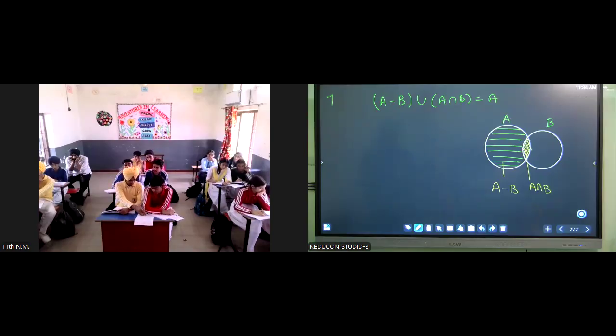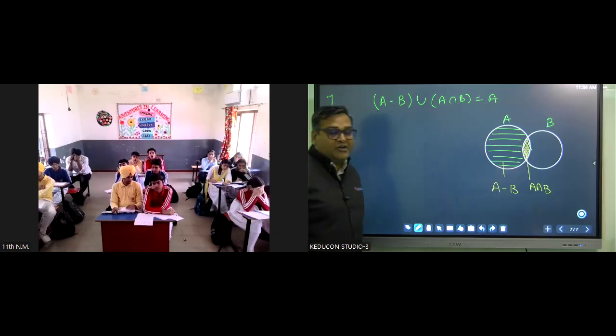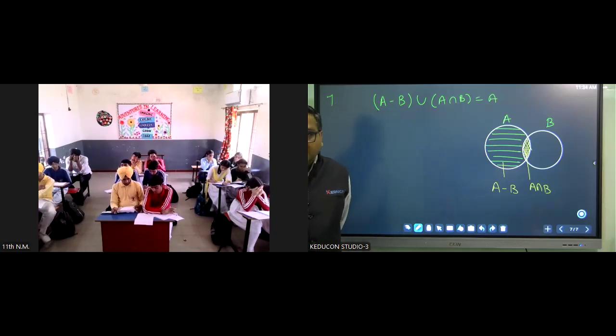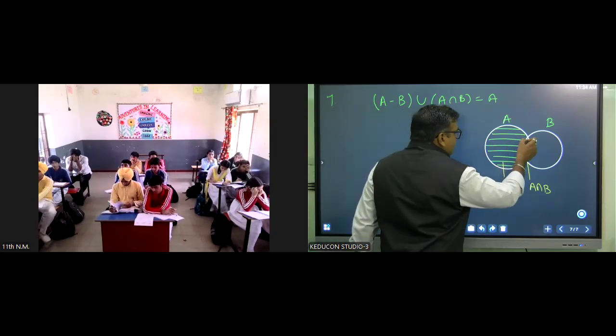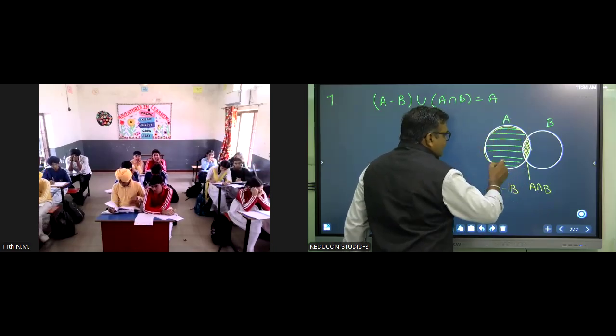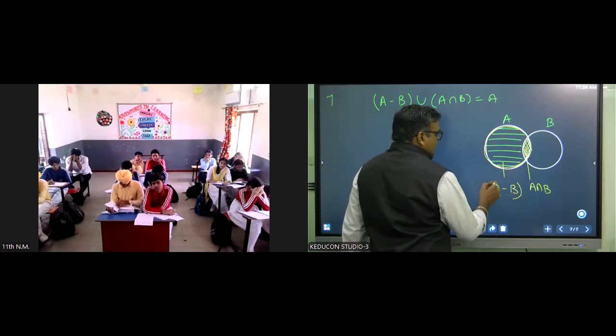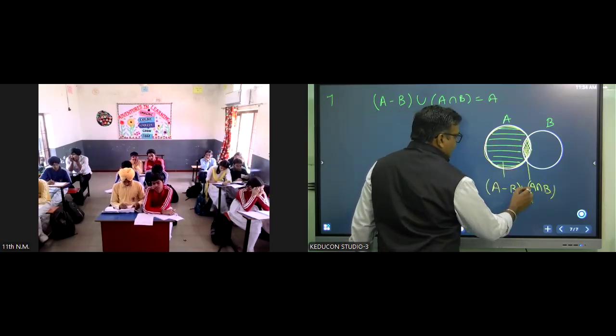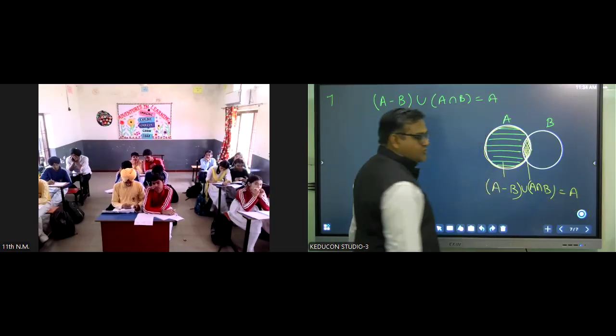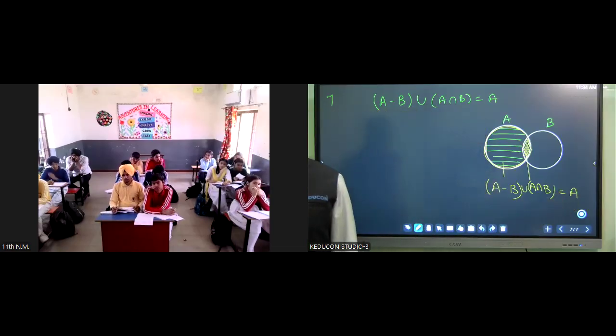Union of A minus B and A intersection B is A. Is it true or not? बच्चे ट्रू है ना. देखो सारा यहीं पे बन गया. ये देखो, this entire thing is A. राइट. तो इन दोनों का जो यूनियन है, that comes out to be A. This is true. Yes or no?